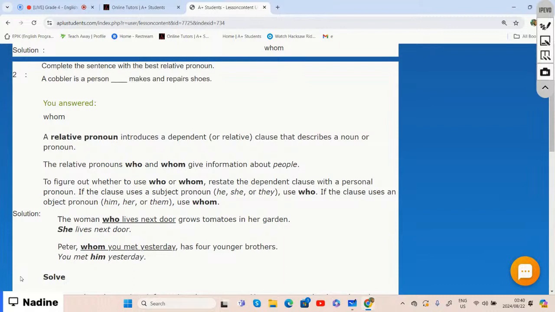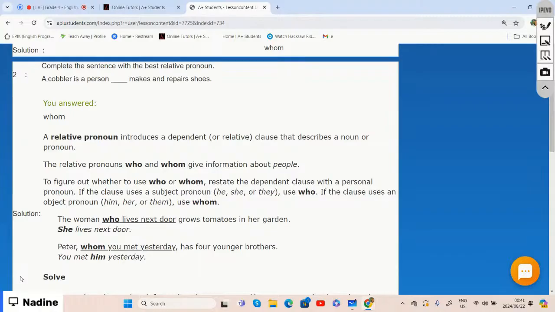In order for you to figure out whether to use who or whom, you need to restate the dependent clause with a personal pronoun. For example, if the clause uses a subject pronoun he, she, or they, then we use who. But if we use words like him, her, them, then we use whom, right?